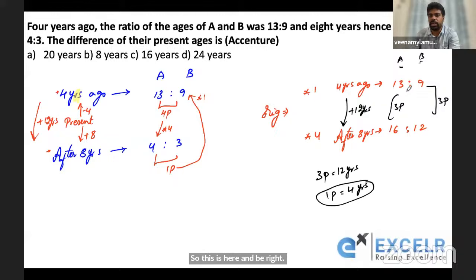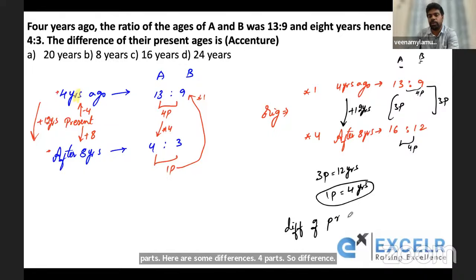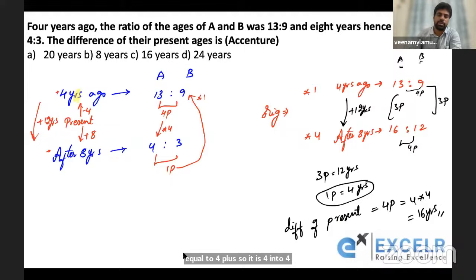So the difference here is how many parts? Here it is 4 parts. Here also the difference is 4 parts. So the difference of present will also be 4 parts only. Present is equal to 4 parts. So it is 4 into 4. So it will be 16 years. That's it. Okay. Always the difference is going to remain the same. That's it. Okay. Very good.